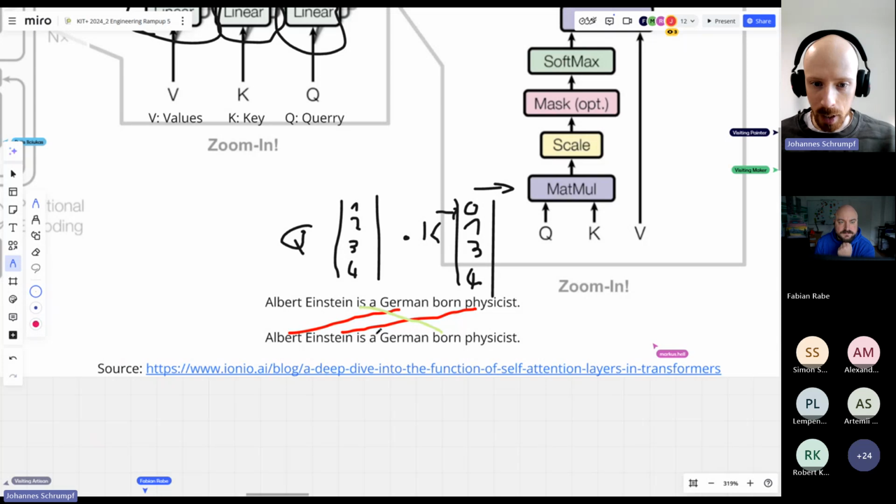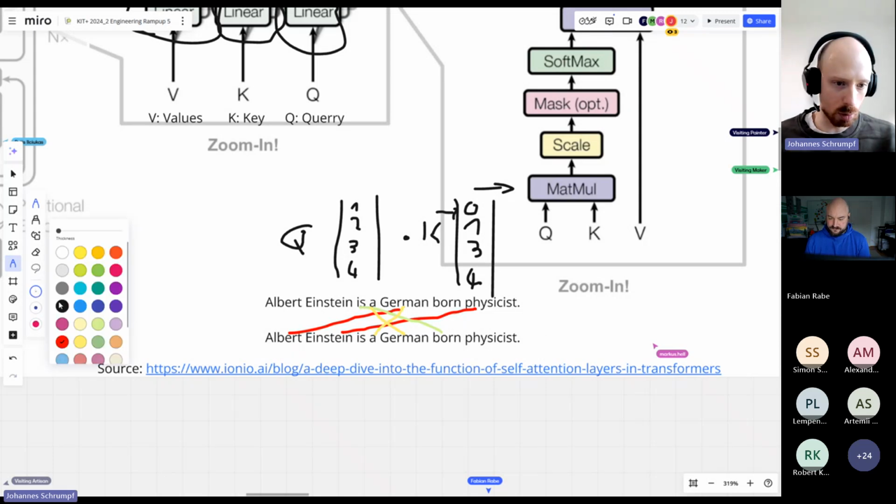And maybe the and German are closely related, because grammatically a German has more importance. And physicist might be related to some other word.